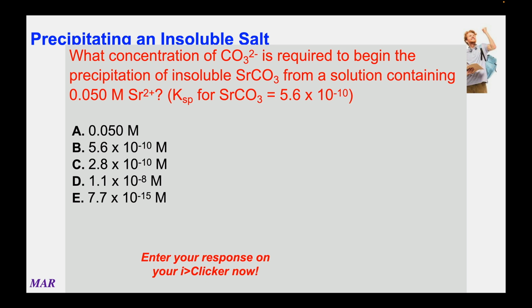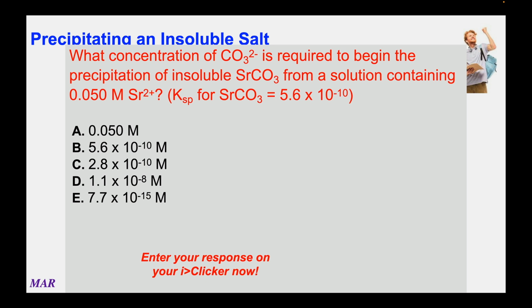And again, why they'd have a strontium solution, I don't know. However, we realize that strontium carbonate has a small KSP, 5.6 times 10 to the minus 10th. So if we start adding carbonate in, we can begin the precipitation of strontium carbonate. We can filter out then the solid and lower the strontium concentration down.